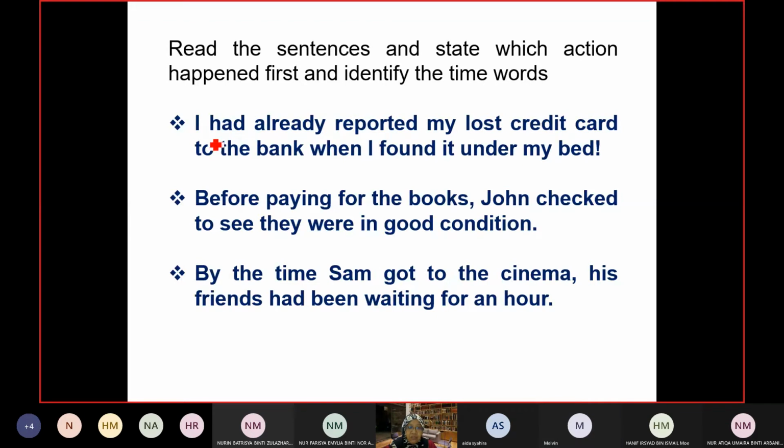So this one is the first action, before the second one. So that's why I said the first action kena guna past perfect simple. The second one is past tense, the normal past tense.